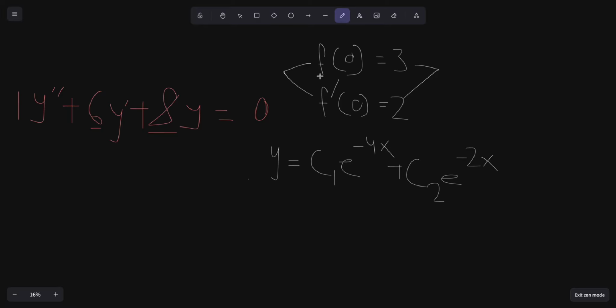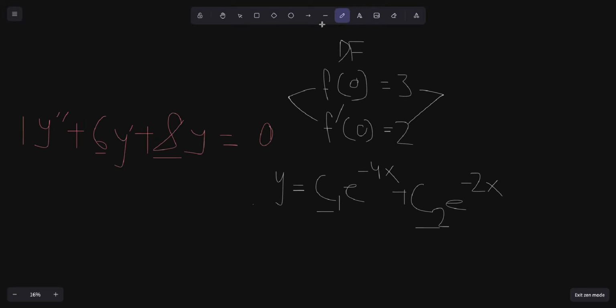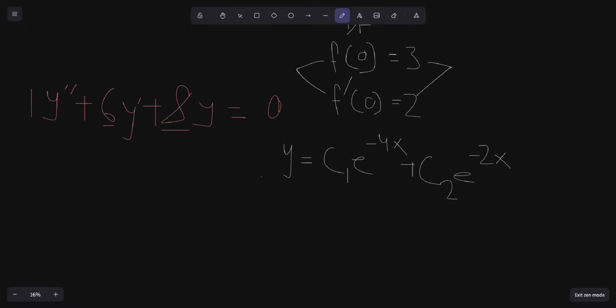You need the regular old function value, and then you need its derivative. We can think about these as degrees of freedom, which I'm just going to abbreviate as df. In order to solve this differential equation for the two constants, you need two initial values. That's actually another reason why we need these two constants. So these 2 degrees of freedom match up with the two constants that we get with our equation. This is going to be really important later on, so keep this in the back of your head.